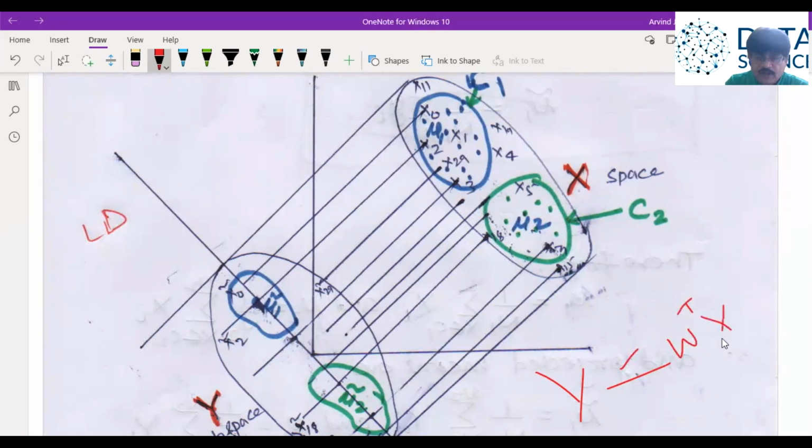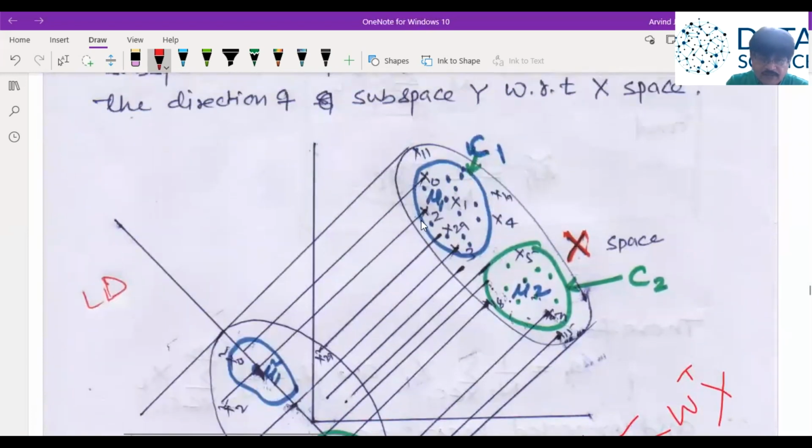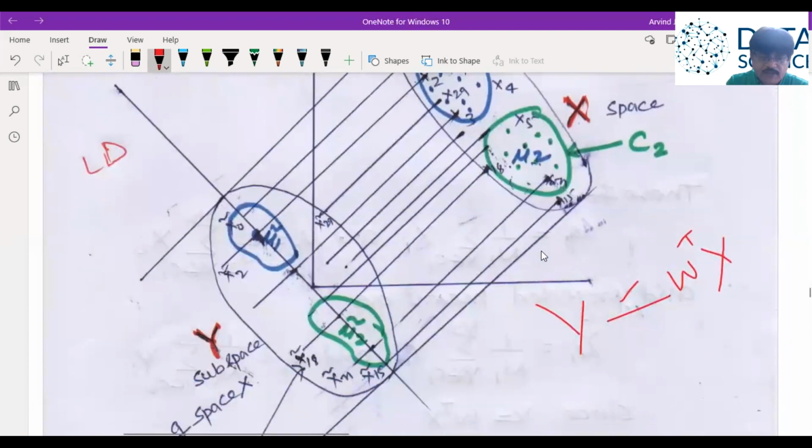And Y is a subspace. This is the dimensionality reduction part: we have reduced the dimensions of the X space and projected them into the Y subspace. We have created this new subspace, and the relation between this subspace and X space is y is equal to W transpose X.